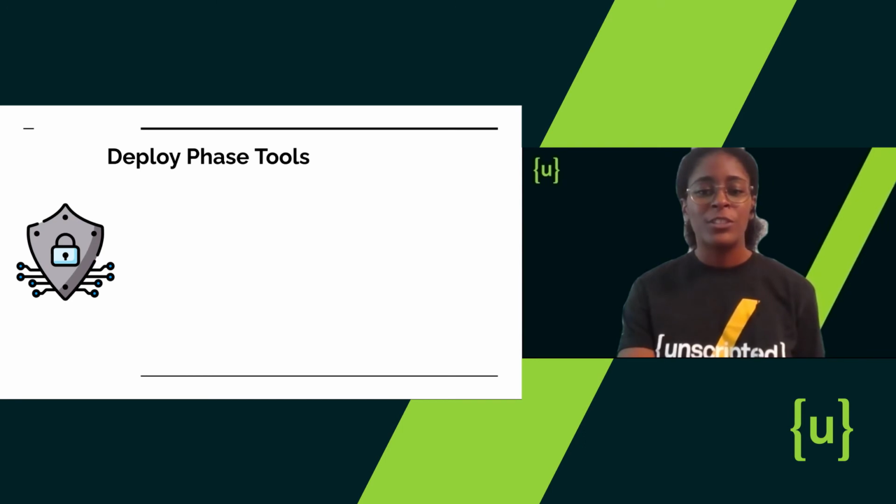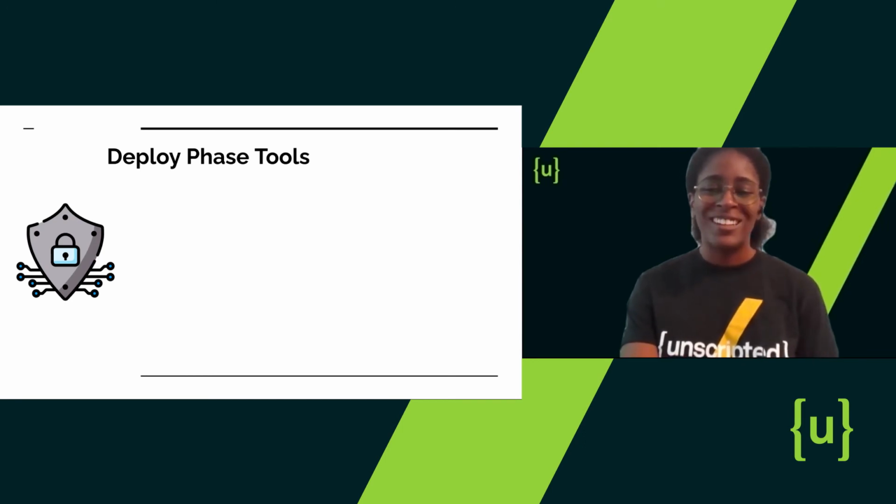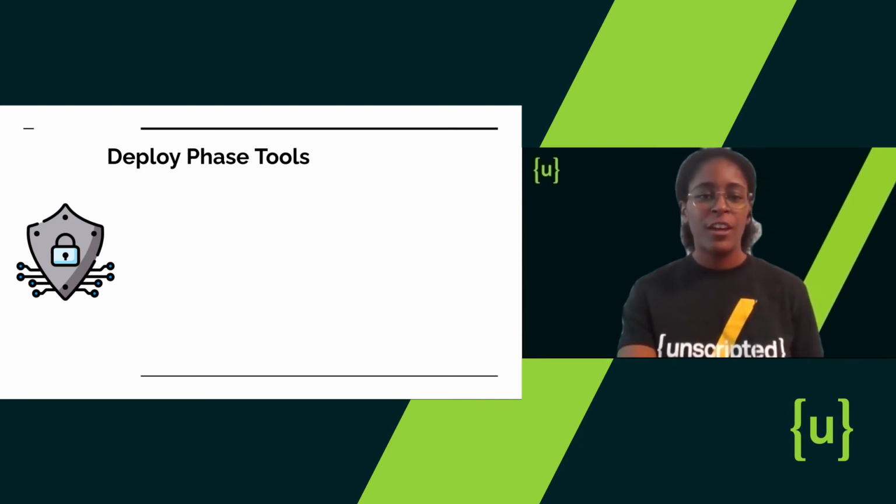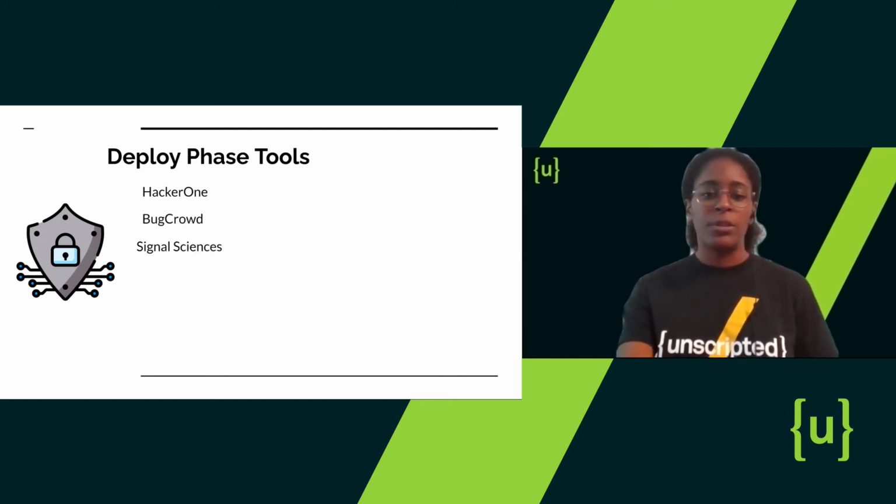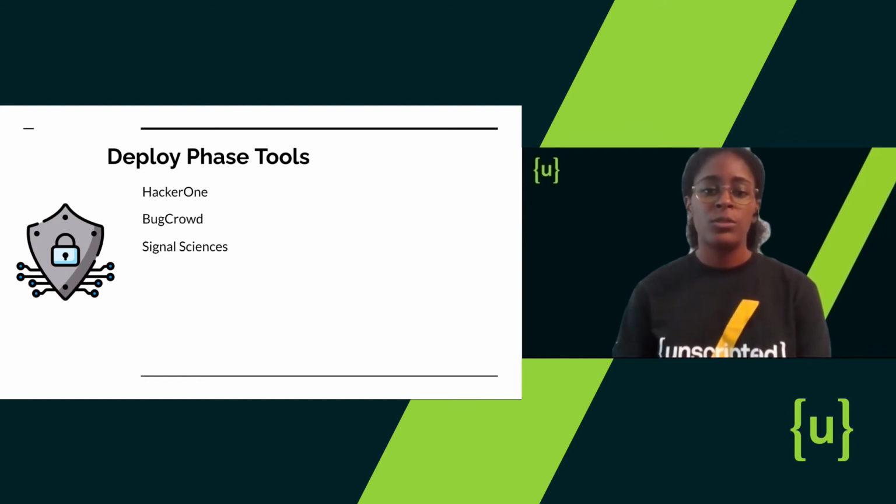Now, in the deploy phase, you're going to production, so hopefully there aren't any security risks left. But at this point, there's not much to do except let people try to attack you. So these are some of the services you can use. If you want to try to hack apps, you could sign up on HackerOne and try to get some of those bounties. And I think Bugcrowd works the same.